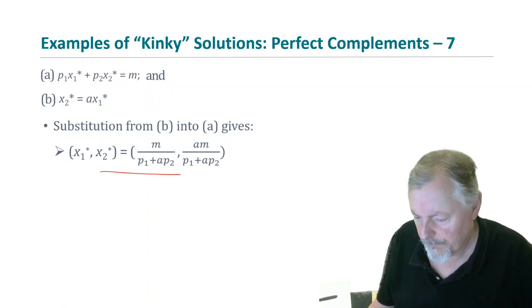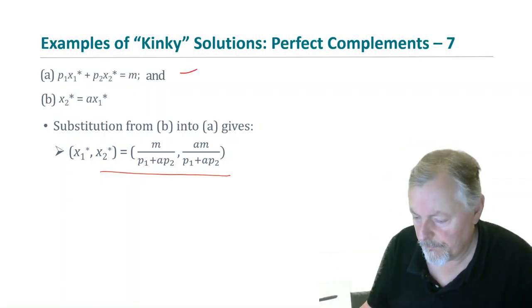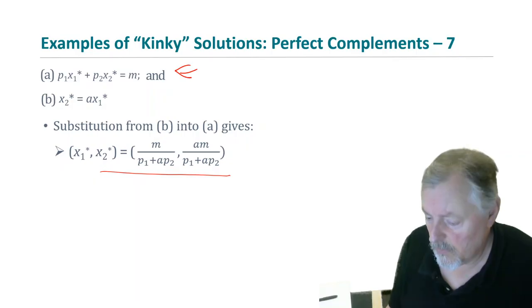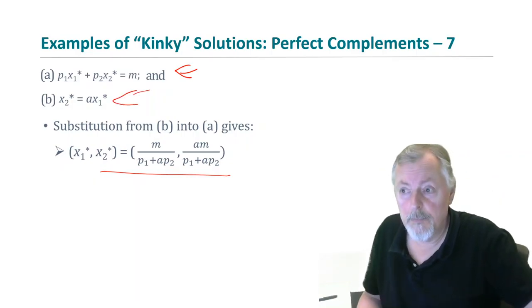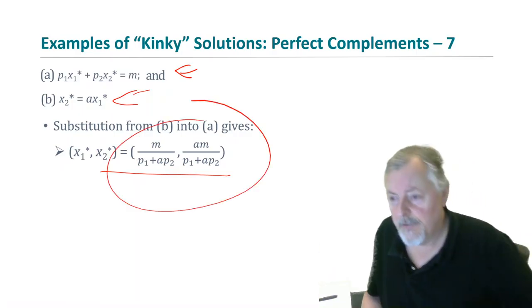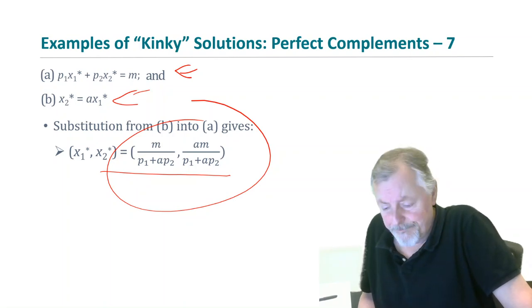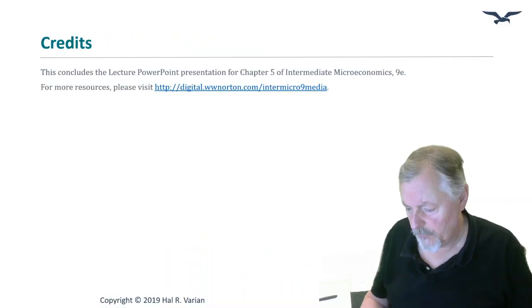So this person will consume this quantity. We know that's true because these are perfect complements. So just substitute one in the other. That's what the person will consume. And there it is shown graphically with the math.